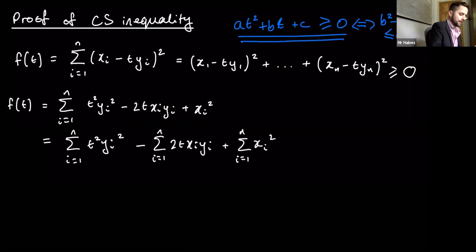Now, all of these terms have got a t squared in them. So we could bring that out to the front and just have t squared times y1 squared plus y2 squared plus ... plus yn squared. So we can factorize out that common t squared.